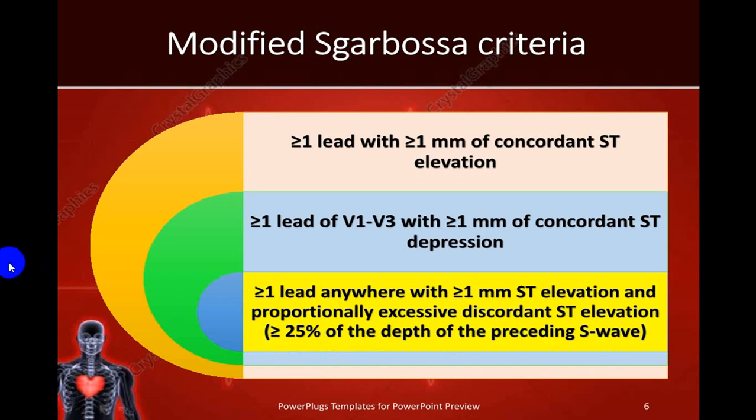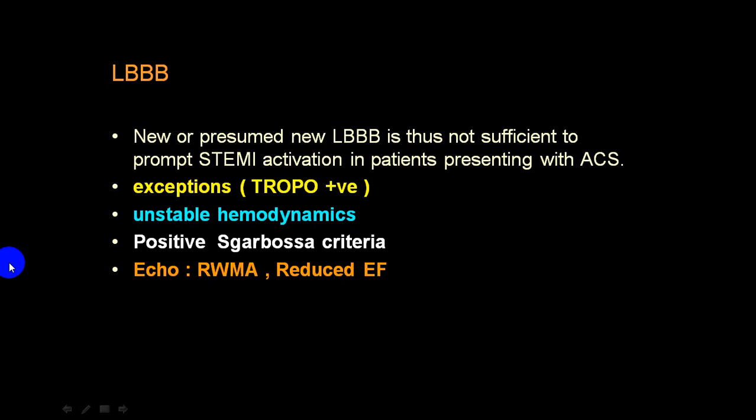If you get this, you can call it in favor, but the sensitivity is very low. So the basic thing is, if there is a new LBBB, it is in favor of STEMI.